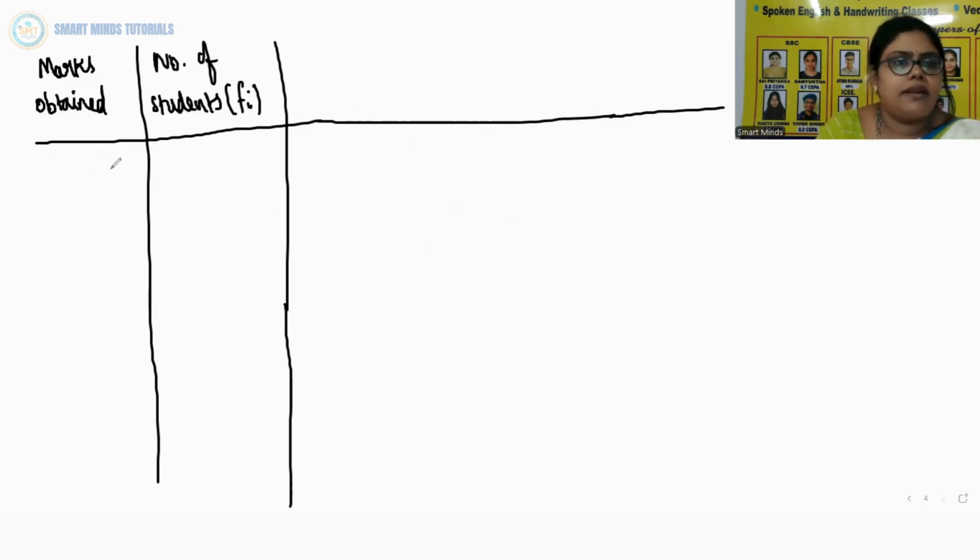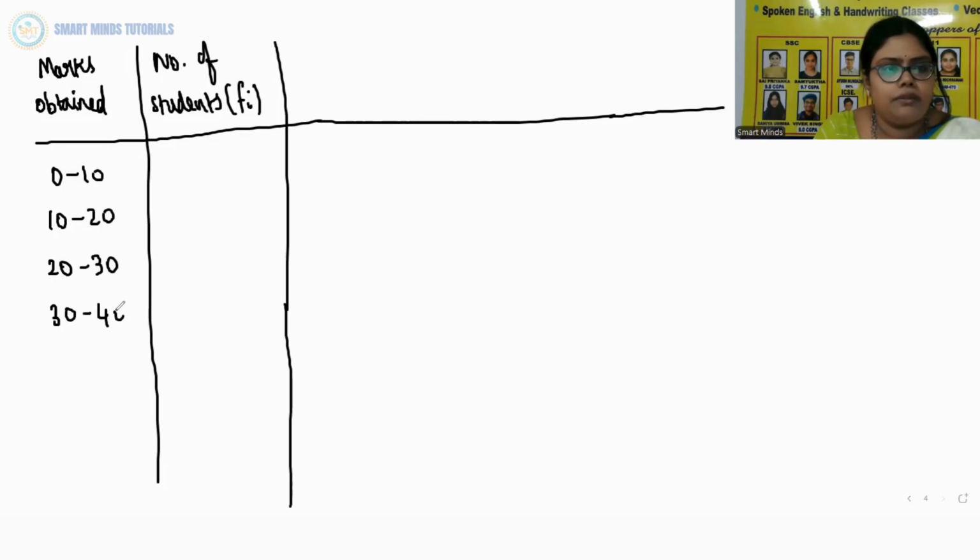So first let us enter these two columns. 0 to 10, 10 to 20, 20 to 30, 30 to 40, 40 to 50. Whenever a range like this is given, it is called class interval. Whenever minimum and maximum value is given, like 0 to 10, 10 to 20 and so on, you call it class interval.